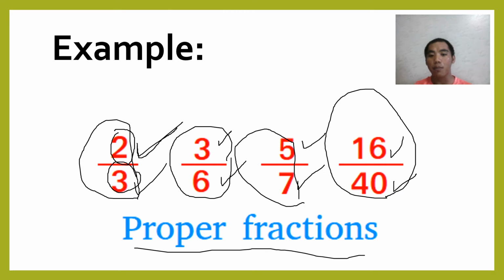Therefore, it's a proper fraction. Again, when we say a proper fraction, the numerator is smaller than the denominator. Got it? So that is the first type of fraction, which is proper fraction.